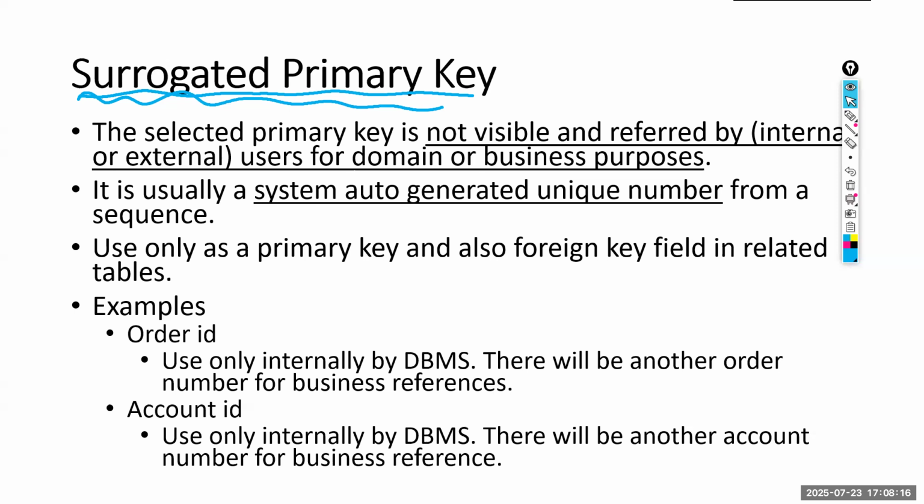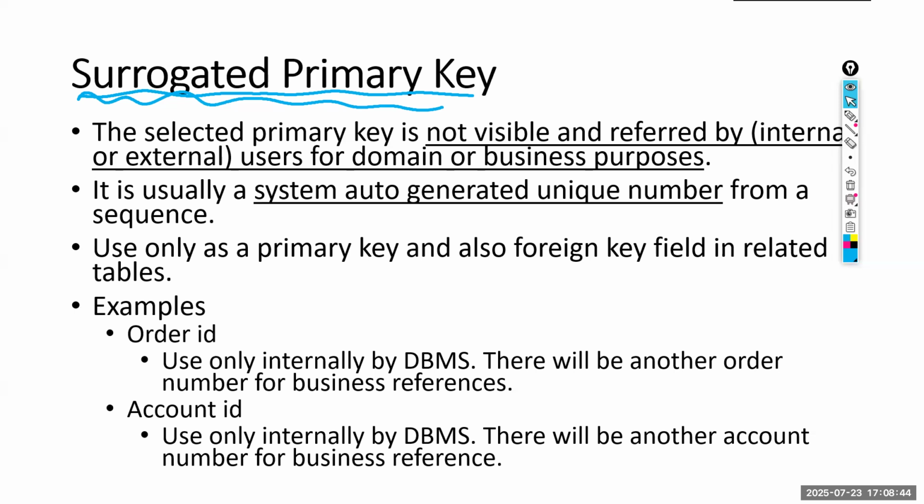So in A-level ICT, most of the time we refer to domain primary keys, not surrogated keys, because it's easier for you to understand, like saying NIC number, bill number. But in reality, in software development, most of the time we use surrogated primary keys, not domain primary keys. Domain keys are used as unique keys, but not as primary keys.